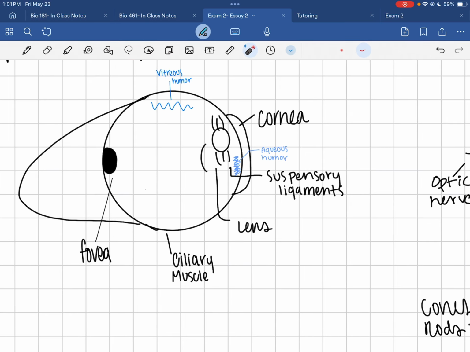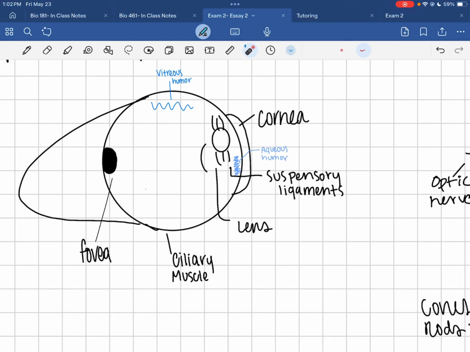So the lens is attached to the ciliary muscle through the suspensory ligaments. And then when the suspensory ligaments contract, that means our lens tends to thicken.